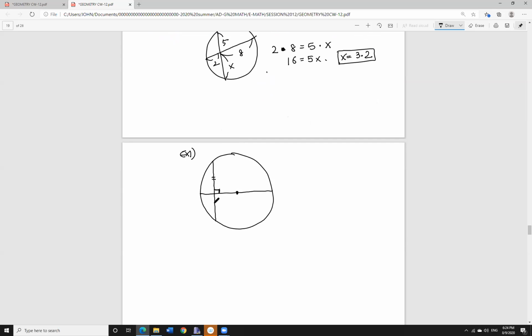These two lengths are equal, isn't it? You have to memorize, okay? Because these two triangles are congruent, isn't it? Radius equals radius, this is equal to another side, and this is a reflexive side, right? So side, side, side.